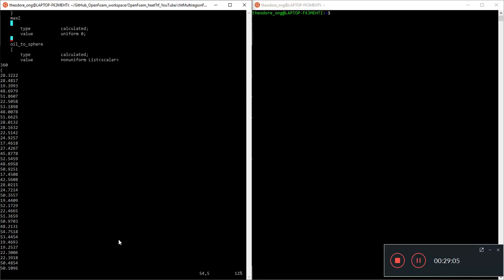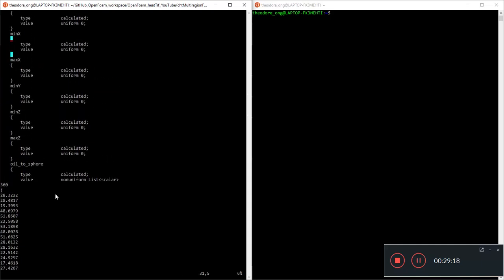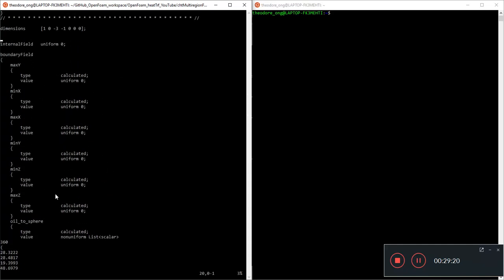So okay, looks like the directionality is kind of opposite. When it's positive here, it looks as if the heat is flowing from the sphere to the oil, and then if you look at the wall heat flux utility, it is kind of inverted. So probably some directionality thing you need to be aware of.